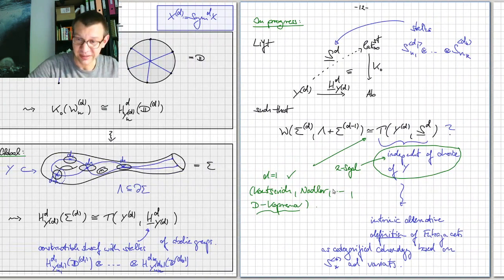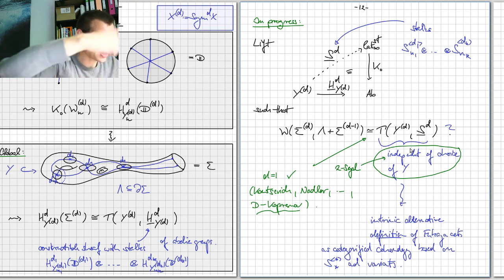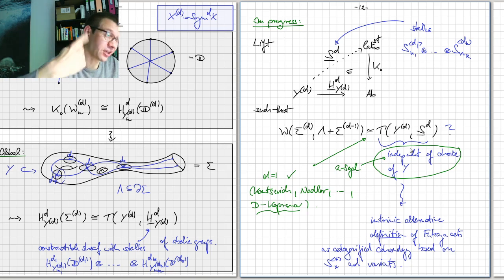Actually, of trying to complete this program is that once you have completed this, you could do this not just over a field, for example, but you could do this over the sphere spectrum, in the context of stable categories, and you will automatically see, for example, let's say you just specialize to a punctured disk, the braid group action by the mapping class group, in a coherent fashion.